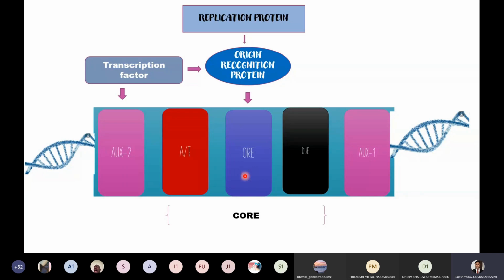This is present in the eukaryotes, and also in the yeast. In the yeast, it is very common, and there are also many types of autonomous replicating sequence. So we can see that the autonomous replicating sequence is like the origin, because as the ORE is like an origin, in the same way the autonomous replicating sequence is also an origin.